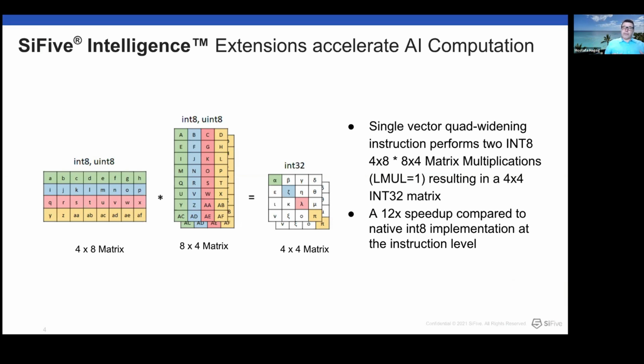For the SiFive Intelligence family, we have the SiFive Intelligence Extensions, which are targeted at AI. And this is a fundamental part of the RISC-V vectors, that you can have an extension that is specific for this domain. So our SiFive Intelligence has that extension, while the other SiFive performance products do not have these intelligence extensions because they are targeted at a different domain.